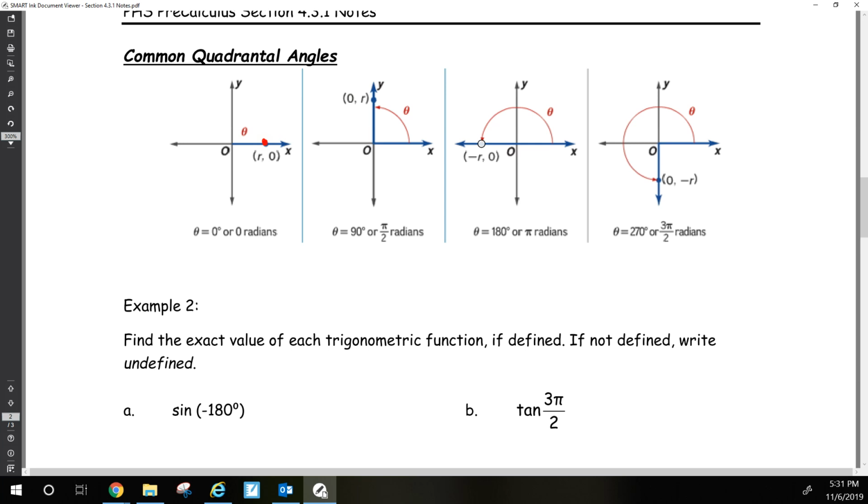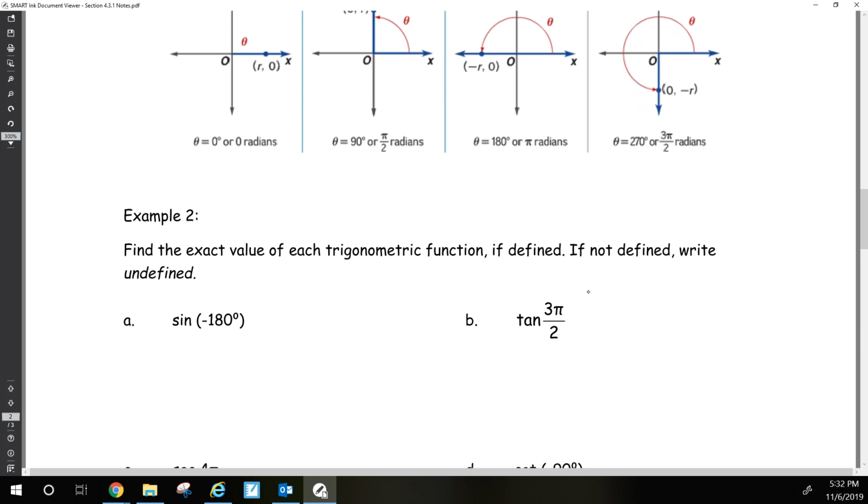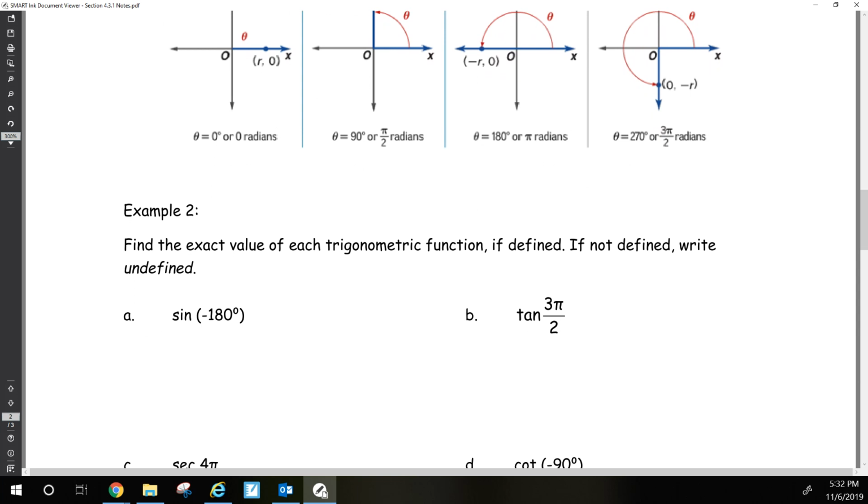So this point would have a negative r value. So this is out positive x. This would be negative x, right? And then down here, we're at 270 degrees or 3 pi over 2 radians, and x is 0, y is negative r.